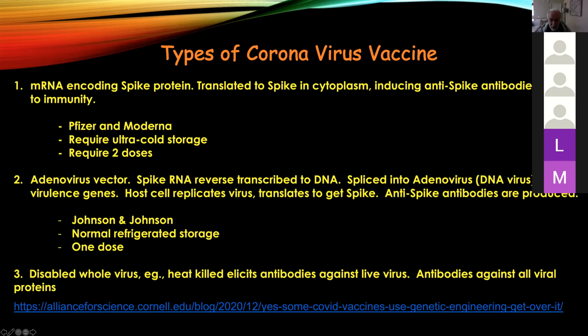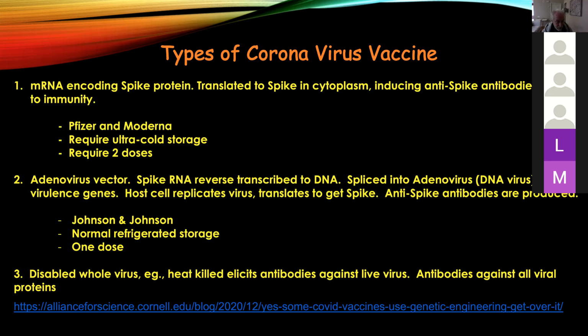Okay, so the last thing I want to do with respect to coronavirus is talk about the currently available vaccines and how they work. So there are 3 types of vaccine. I'm not going to talk about the third one because it's not relevant to coronavirus, but 1 and 2 are. So the first is an mRNA encoding the spike protein, which is translated to spike in the cytoplasm of the cell, and that induces anti-spike antibodies.